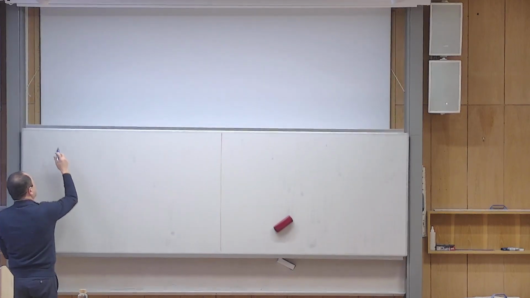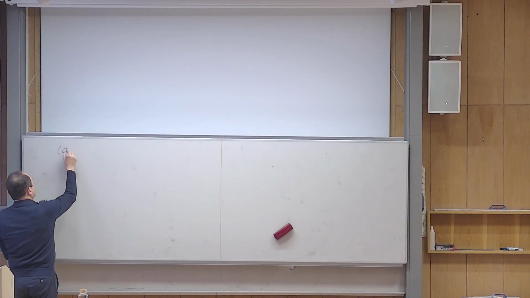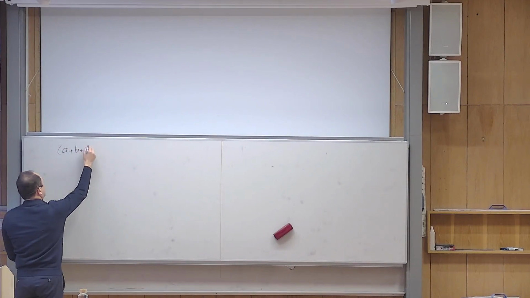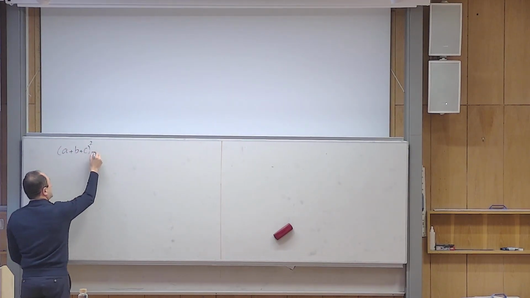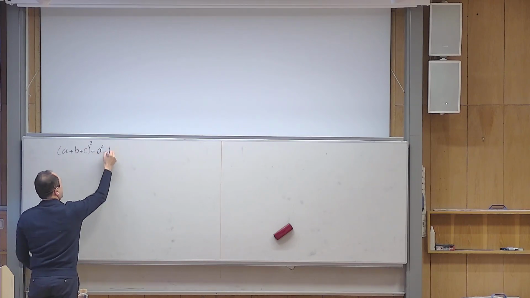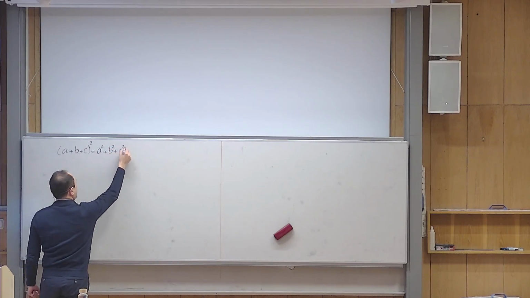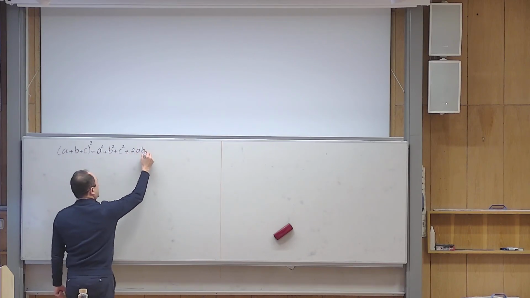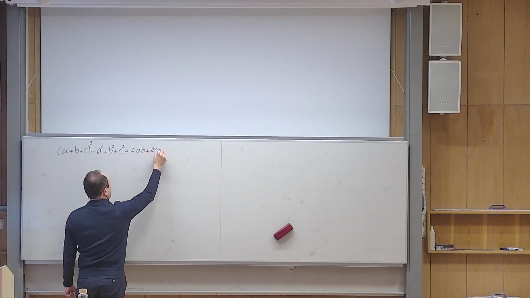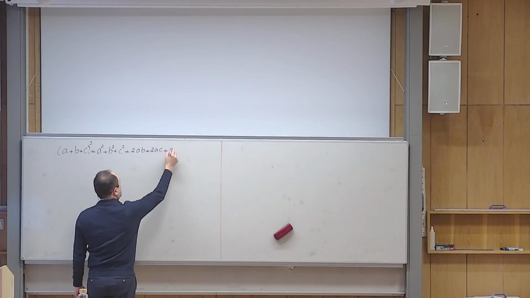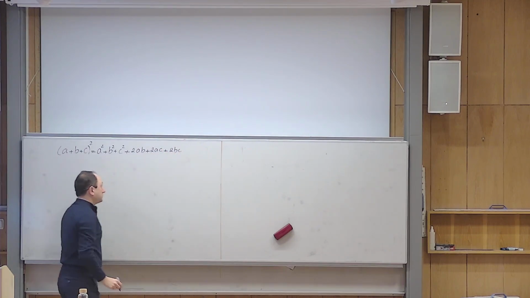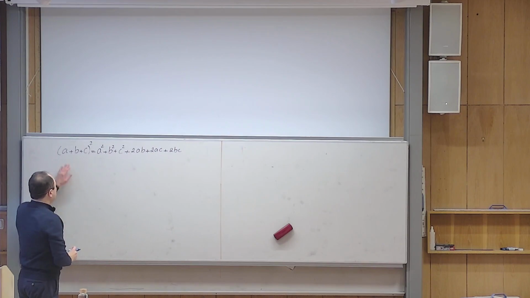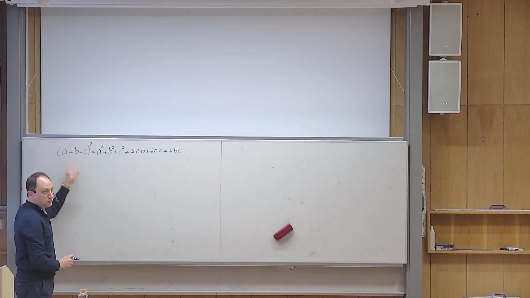So do you remember we had an algebraic identity for (a+b+c)^2, which is the first one squared plus the second one squared plus the third one squared plus 2 times the first one times the second one plus 2 times the first one times the third one, and finally 2 times the second one times the third.